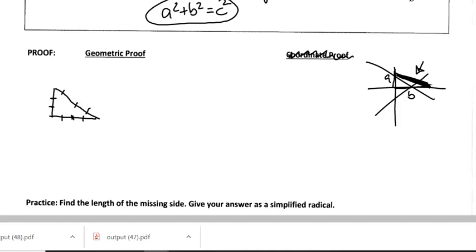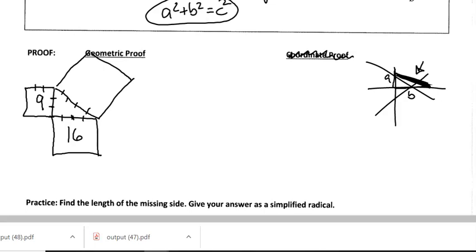If we made a square coming off of this side right here, in this exact example it would be a 3 by 3, which would be an area of 9. A square coming off of this side, which is a length of 4, would be a 4 by 4, that would be 16. And then this one would be a 5 by 5, which is 25.